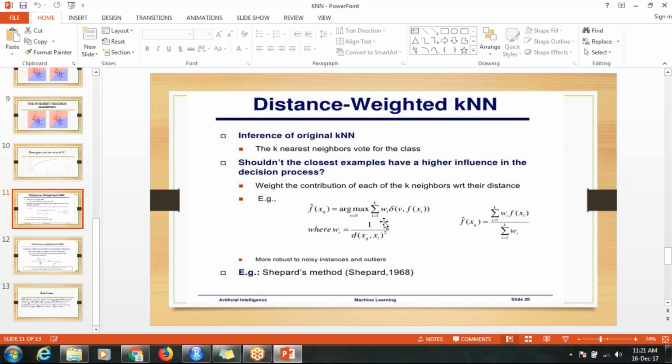Here I have divided this by my weight factor, or my distance. On the basis of this, it is more robust to noisy instances and outliers. So this is a very good way to mitigate outliers and noise.